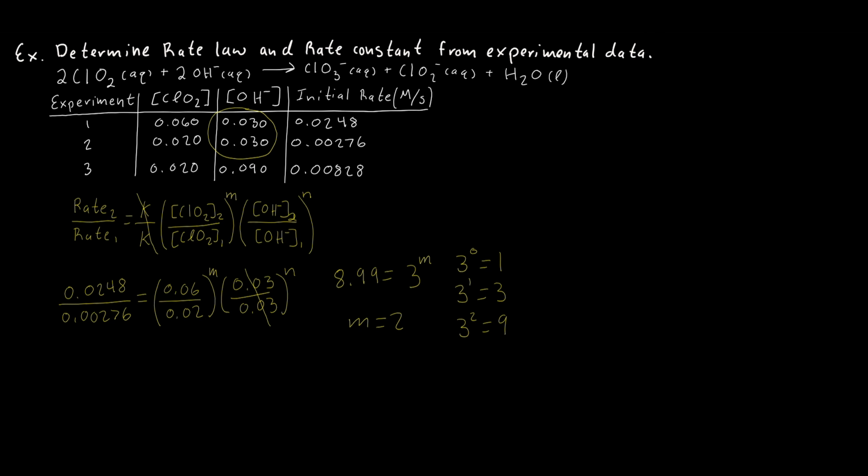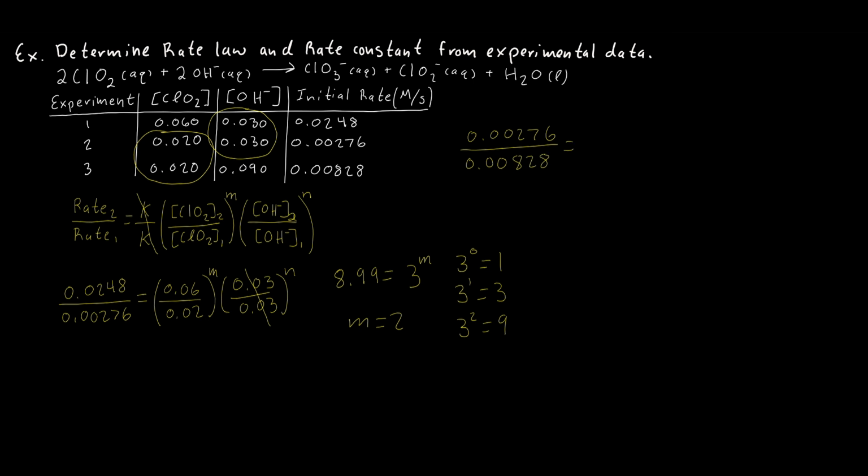Then we can do the same thing to solve for OH, but instead of keeping the OH constant, we want to keep ClO2 constant. And it looks like in experiments 2 and 3, the ClO2 concentration is held the same. So again, we put the larger rate on top, so 0.00276 divided by 0.00828.